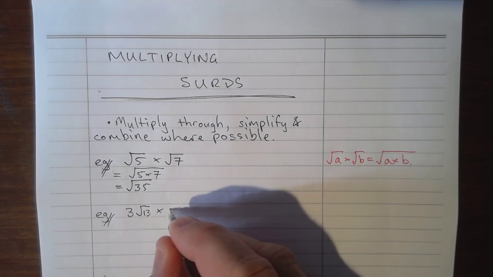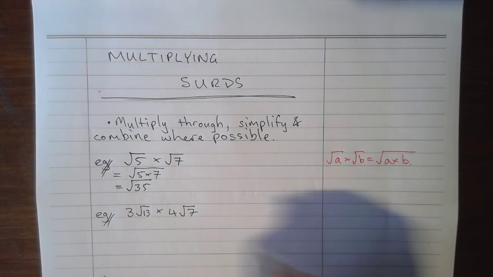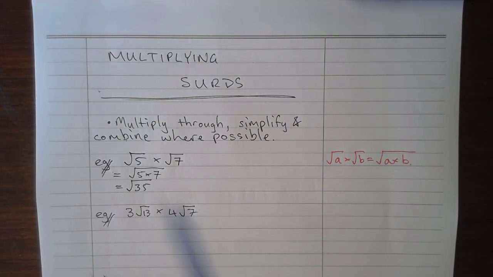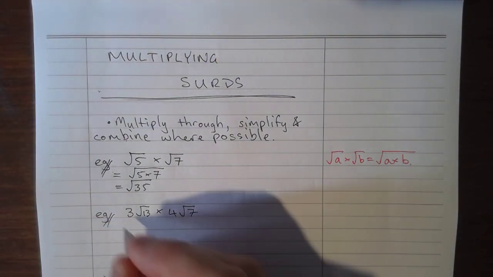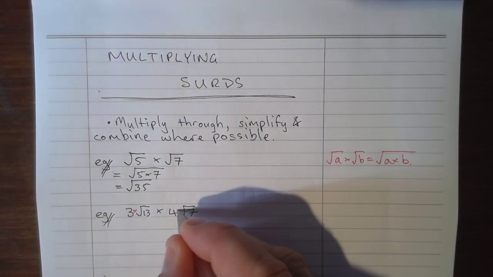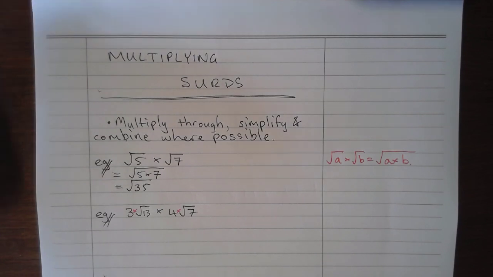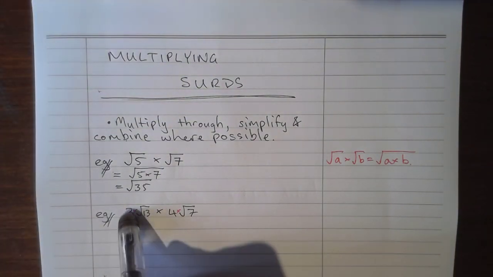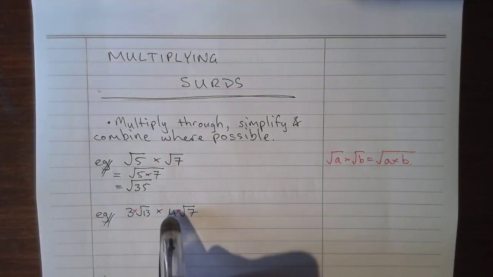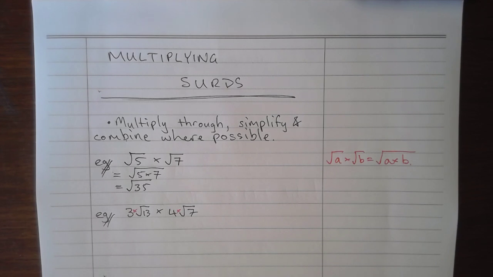3 times the square root of 13 times 4 times the square root of 7. Notice that this time we've got some non-surds out the front, and we're going to just multiply throughout. So to do this, you've got to remember that really there are little hidden multiply symbols in there that for simplicity we just don't write. So we're really saying 3 times root 13 times 4 times root 7.